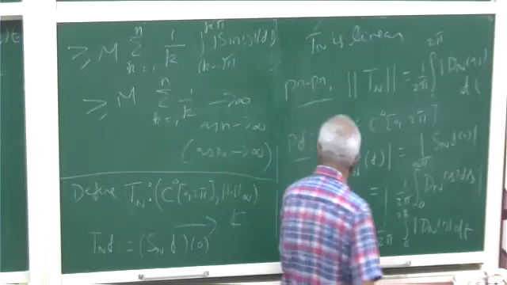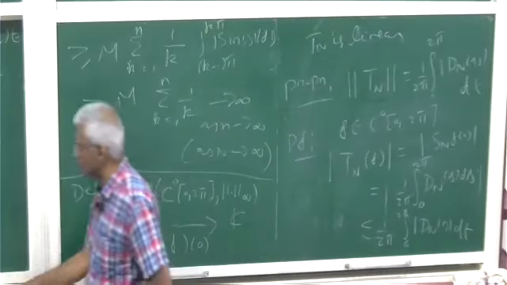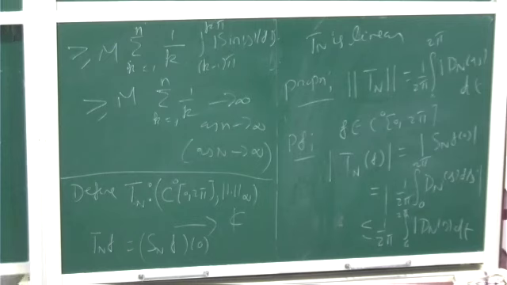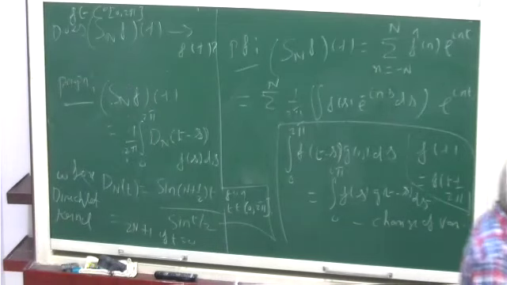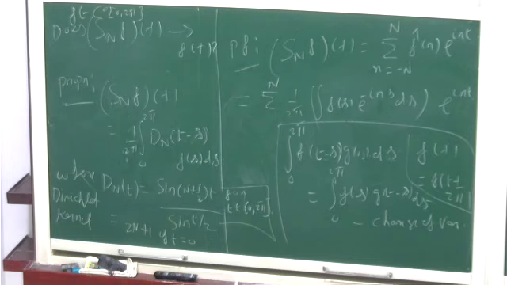So this implies what? F is a function, Sn f is another function.